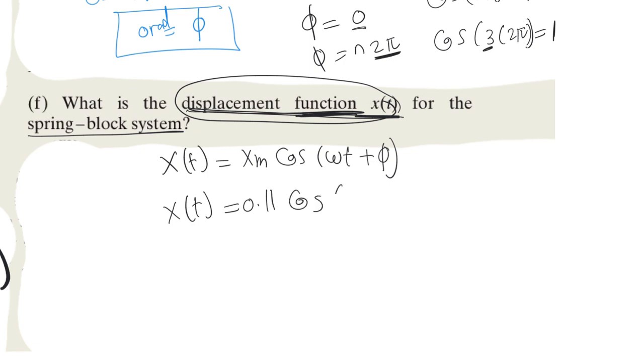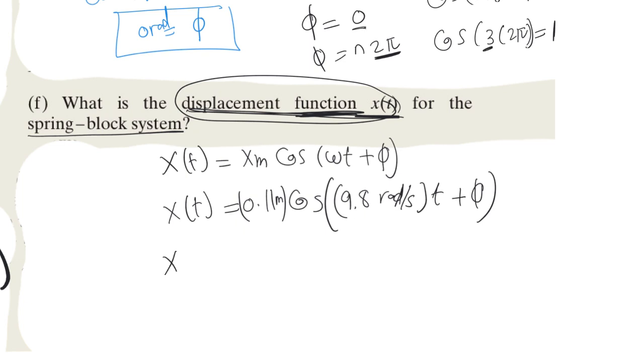The angular frequency is a constant, 9.8 rad per second, multiplied by t plus phi, and this is in meters, so we can write it like that.